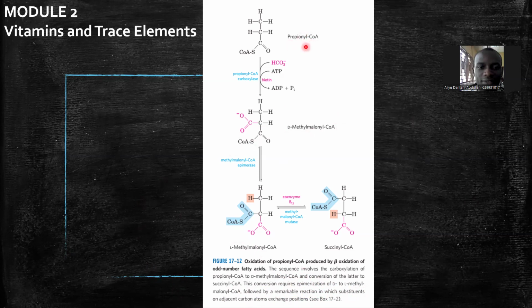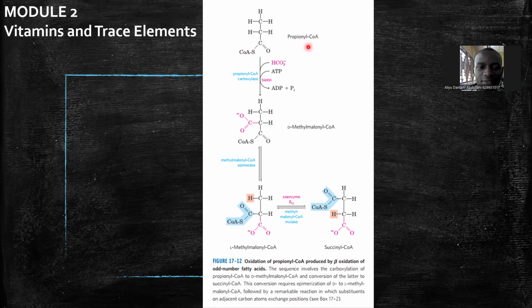If you have a 15-carbon fatty acid, for example, beta oxidation will cleave 2 carbon atoms successively until you reach the last 3, because it's 15 and not even.